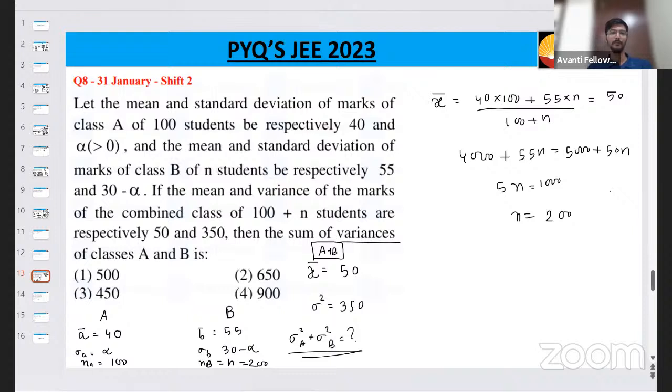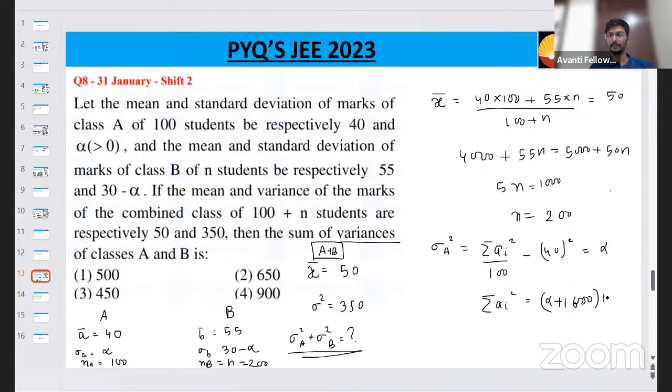Now we can find sigma a square is equals to summation ai square upon 100 minus 40 ka square, which is given as alpha. So summation ai square is alpha plus 1600 into 100.